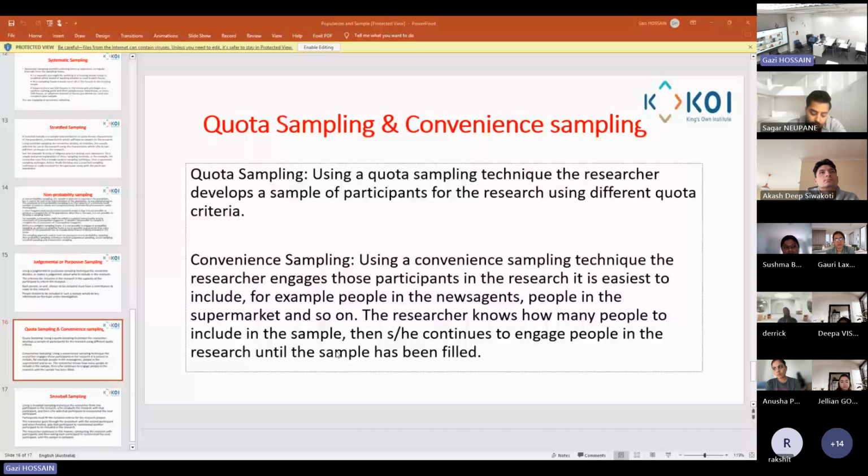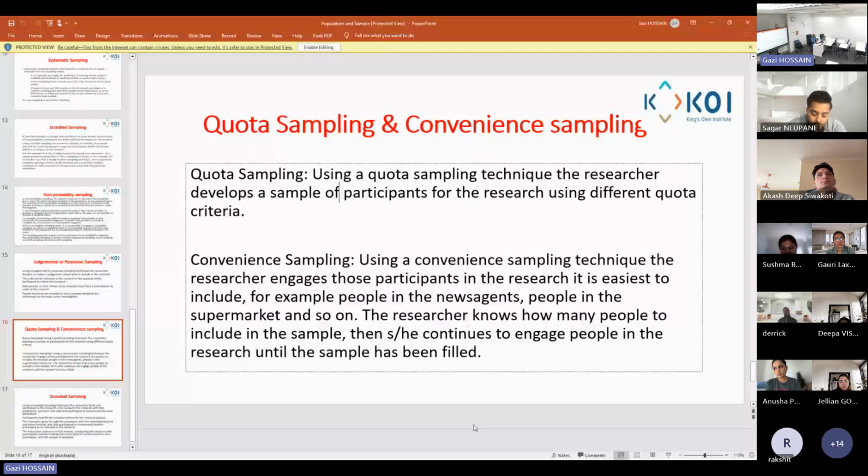The university provides every PhD student $5,000 to collect the data, but we are not providing $1. Therefore, it's not economically feasible to go and collect the data from other states or cities. In this case, we may consider convenience sampling. But still, we need to also look at the representation.